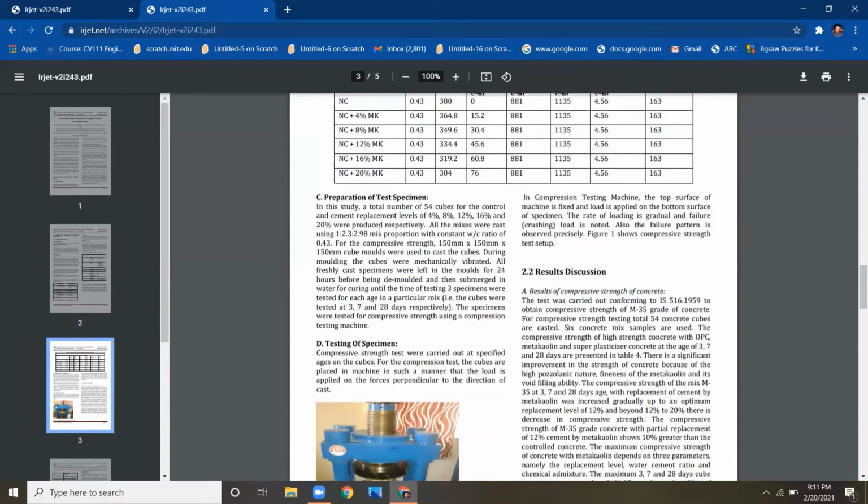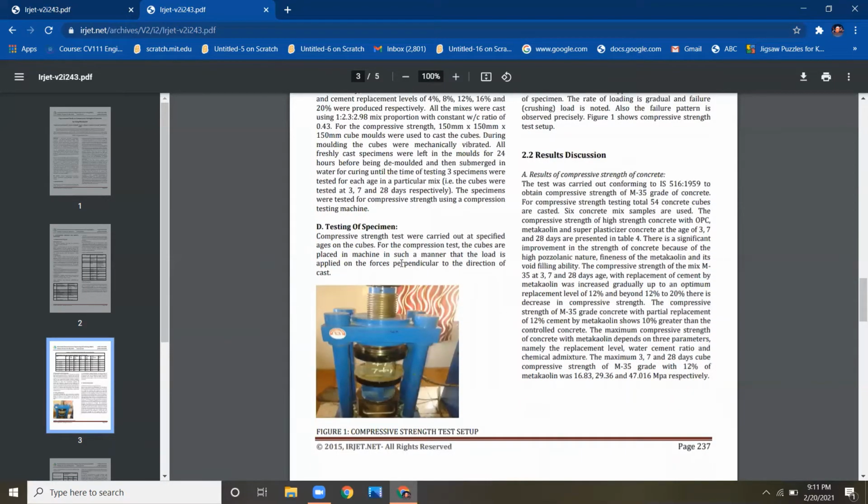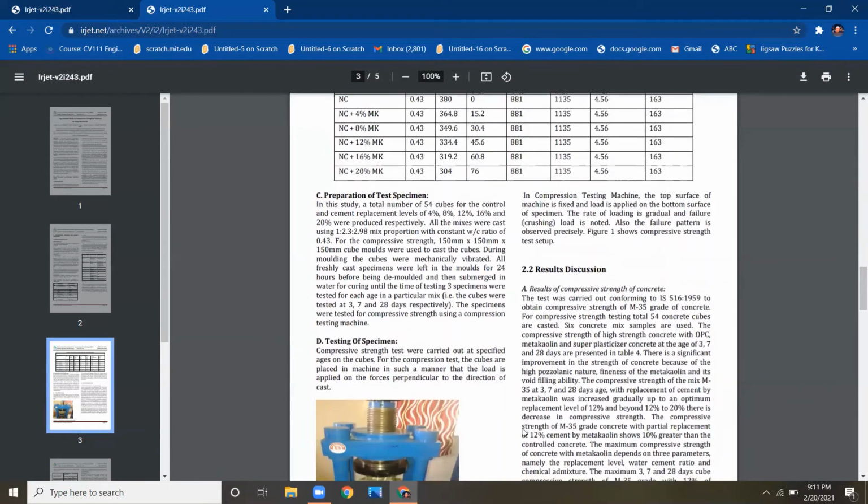Now preparation of test specimen: they made the cube molds, mechanically vibrated, kept the fresh cement for 24 hours, demolded, and then followed the procedure they wrote over here. Testing of specimen was done with a compressive strength test setup.